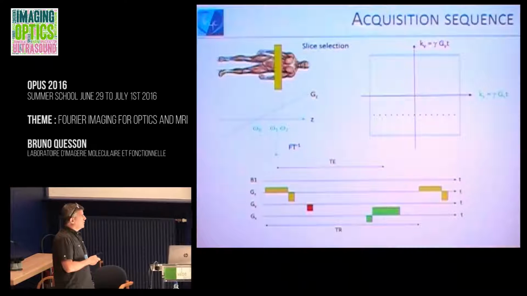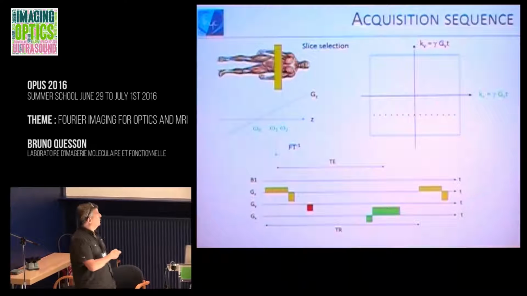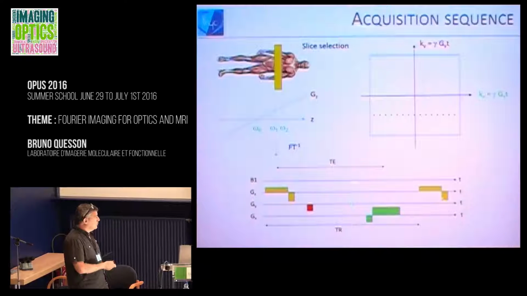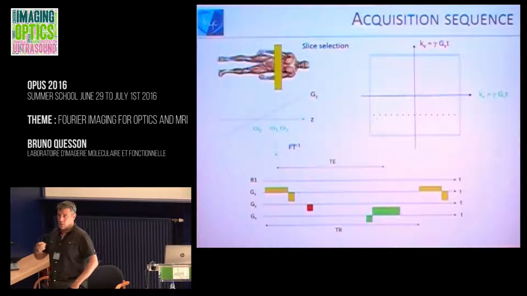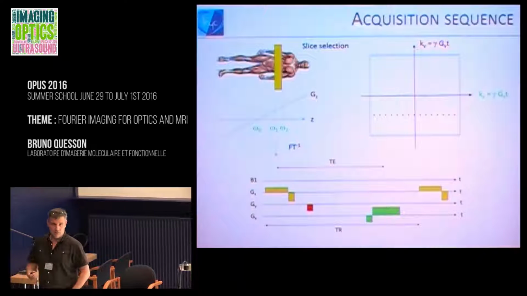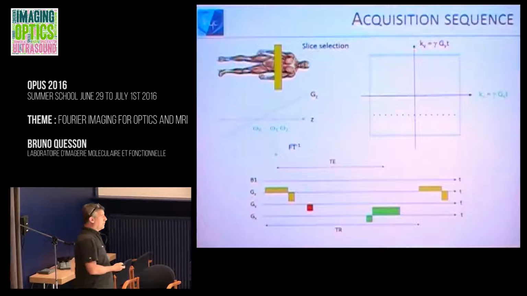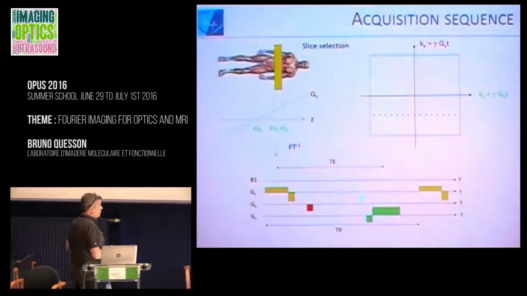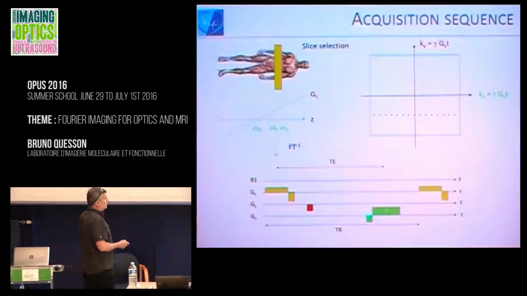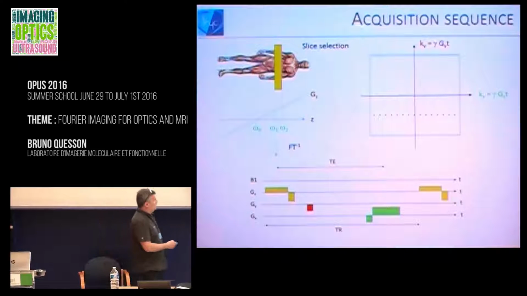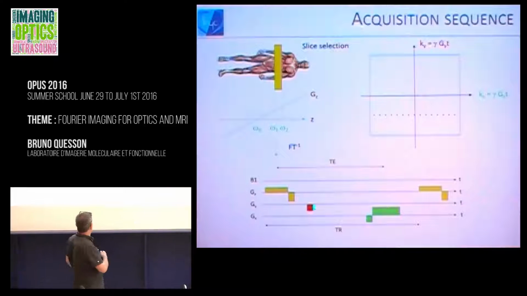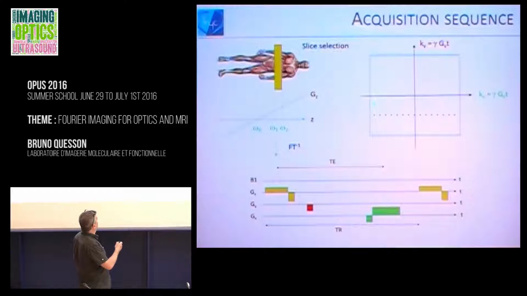Okay, so this is the way that you select the slice and you encode the K-space. We are measuring the image in the K-space, and then we make the Fourier transformation back to get the image. Now, second point: this is simply one way to do that, but I can put, for example, this is reading a line, this is jumping from one line to the other. I can put this very compact, as close as possible to my excitation.